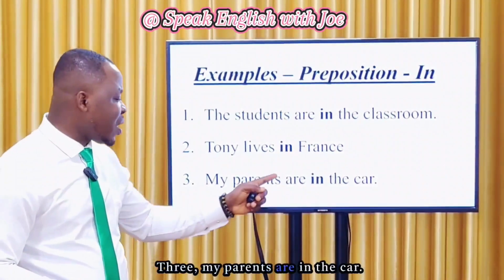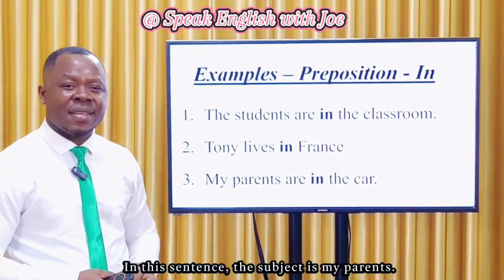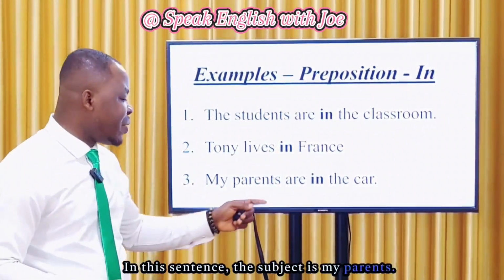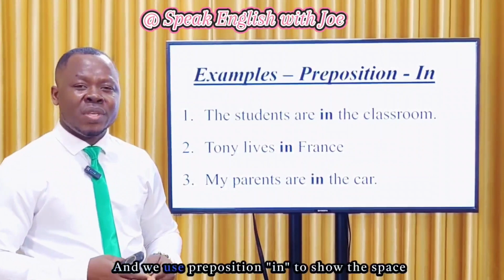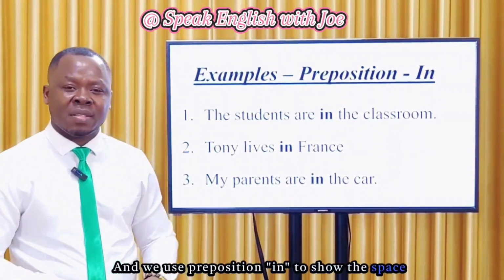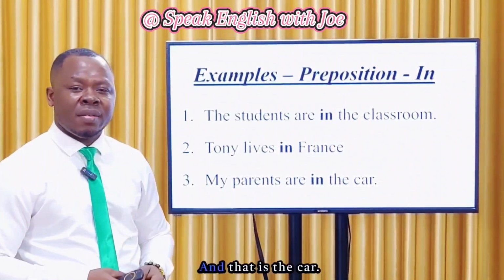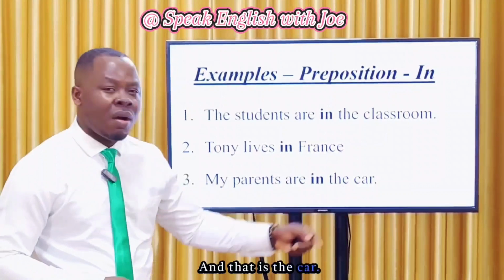My parents are in the car. In this sentence, the subject is my parents, and we use preposition in to show the space where the subject, which is my parents, are, and that is the car.